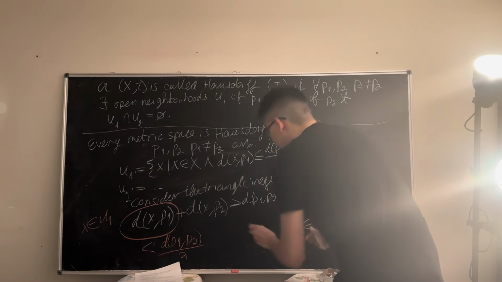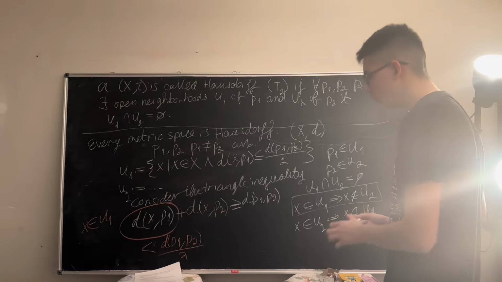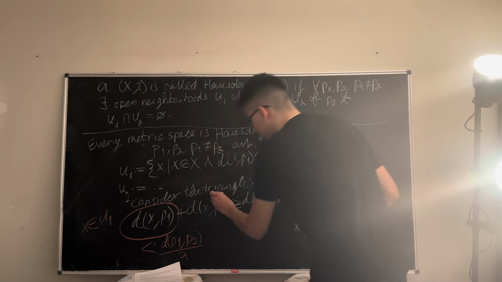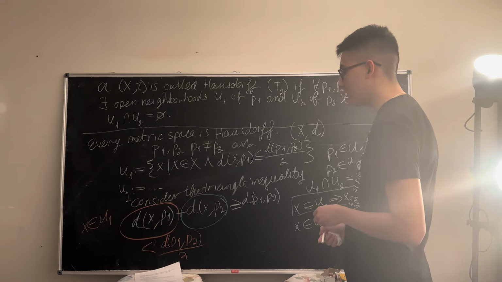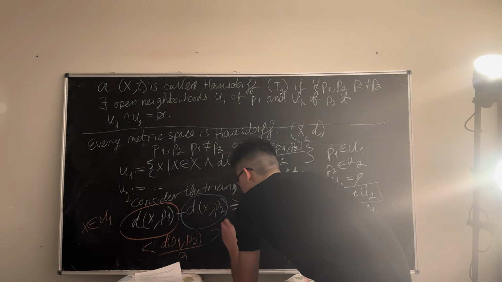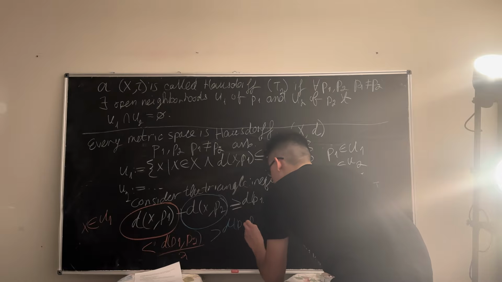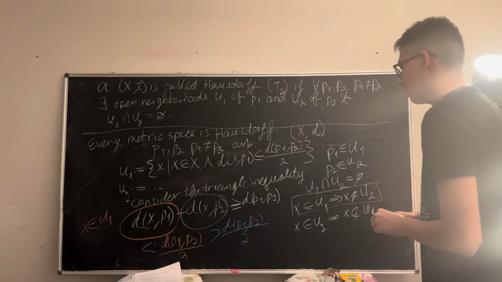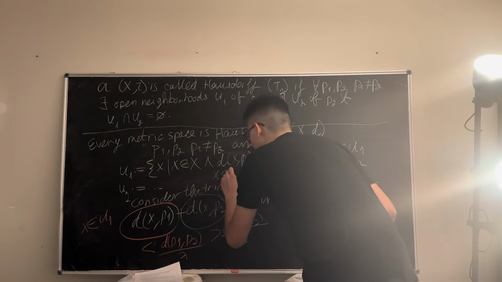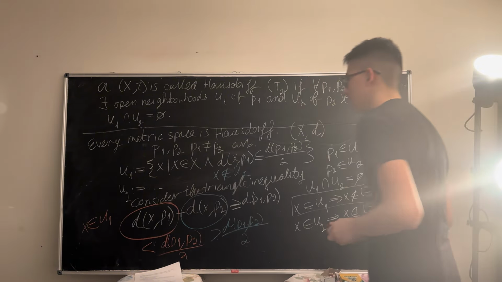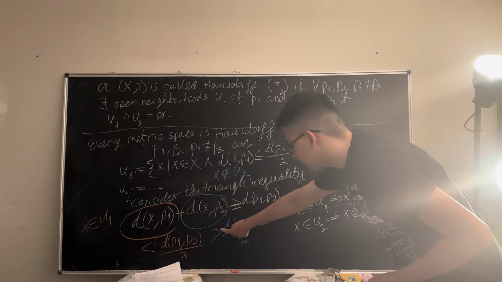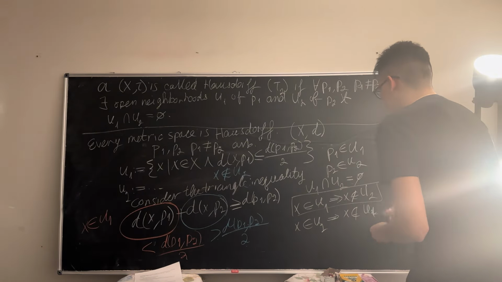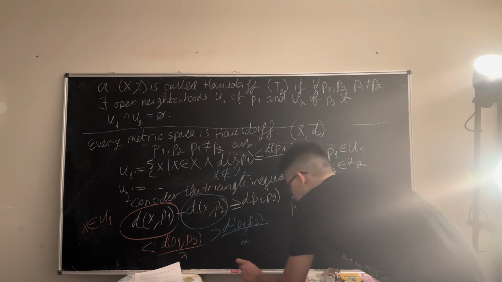Now, less than or equal to. In order for the triangle inequality to hold, we need this distance, the distance between x and P2, to be greater than the distance between P1 and P2 over 2. Which means by definition that x does not belong to U2, because it being in U2 implies that it's less than this distance, which completes the proof that U1 and U2 are disjoint.